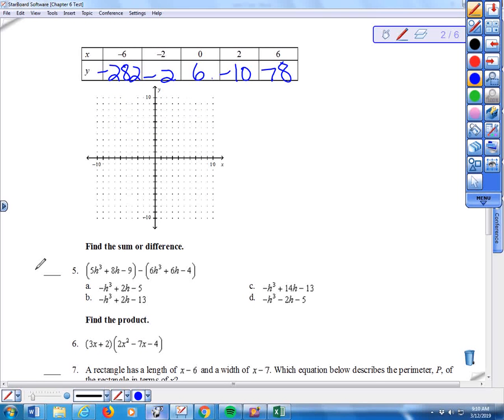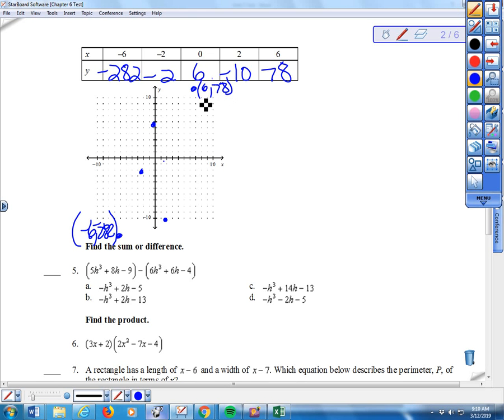1, 2, 3, 4, 5, 6 is going to be down here somewhere. Negative 2, 6, or negative 2, sorry. 0, 6, 1, 2, 3, 4, 5, 6. 2, negative 10, which is here. And then 6, 78, which is going to be up here somewhere.